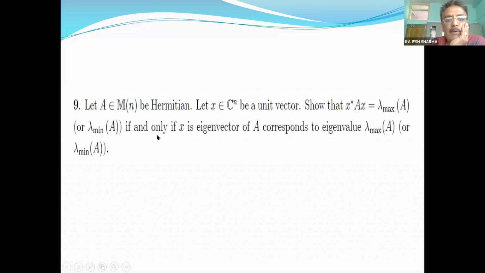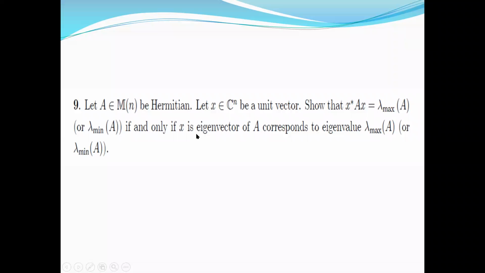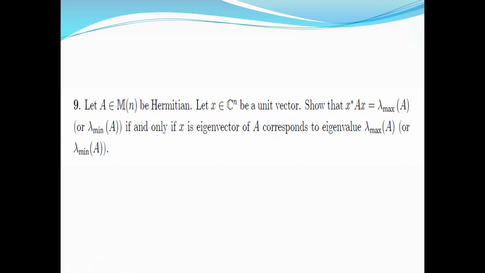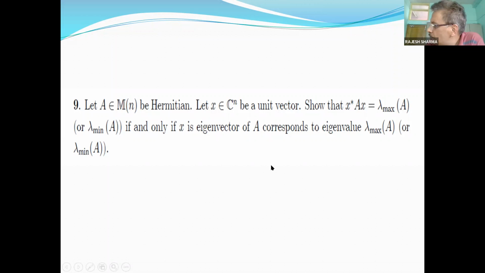Now, if X star AX is equal to lambda max times X, this implies that if we multiply, these two are scalars, if we multiply x star ax equal to lambda ax. Now x star x is 1, so ax equal to lambda max x.